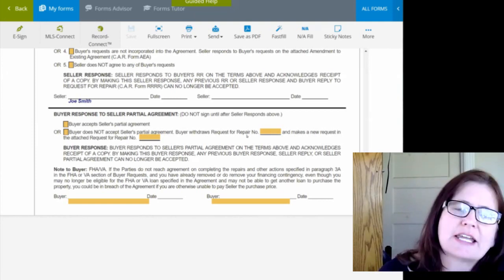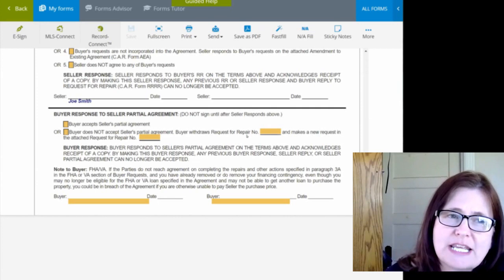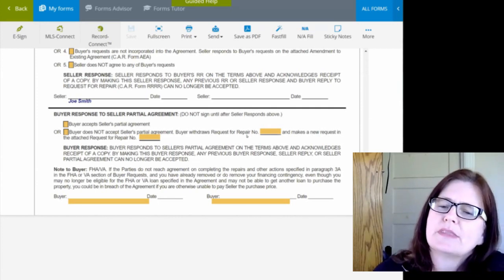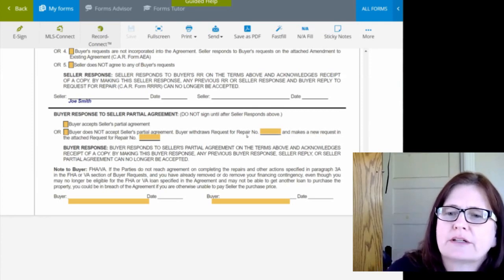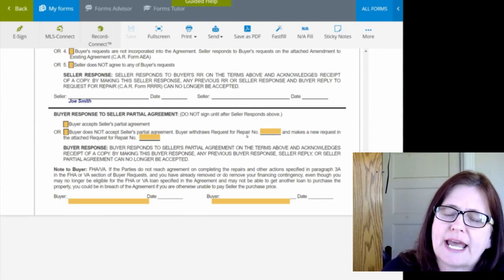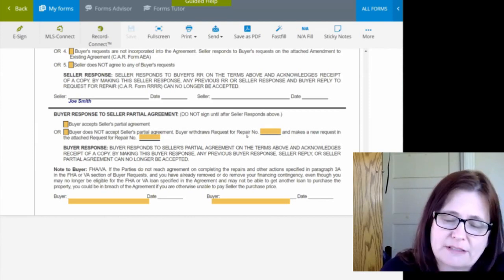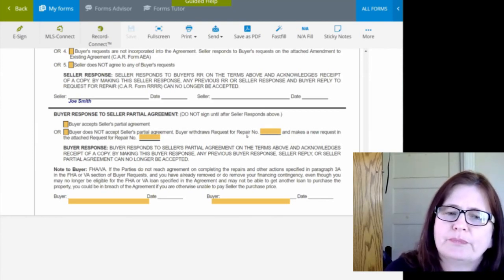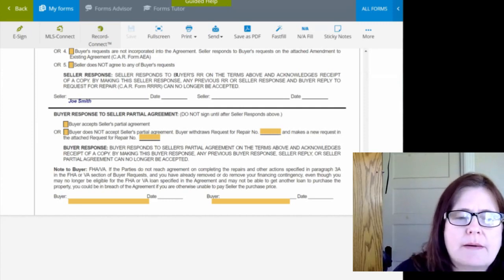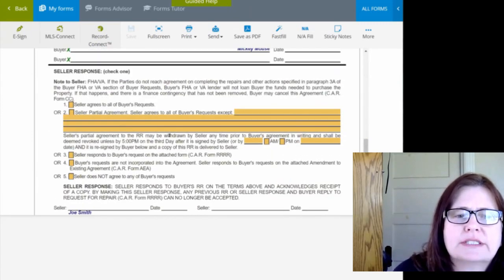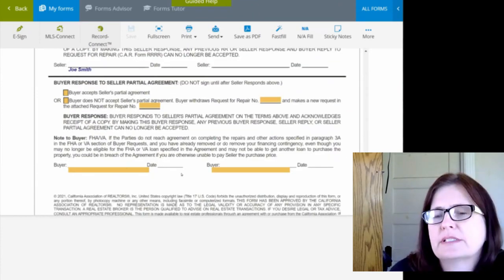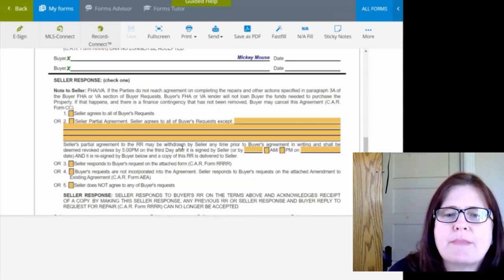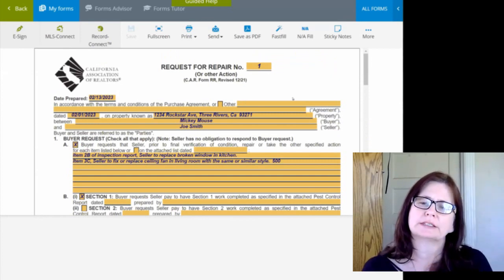If they say we're not going to do anything and the buyer's not okay with that, then that's where the buyer would utilize their inspection contingency to either cancel the contract, or they would decide to move forward with it. And then of course the seller would respond back, and then the buyer would respond back. But basically that's the request for repairs.